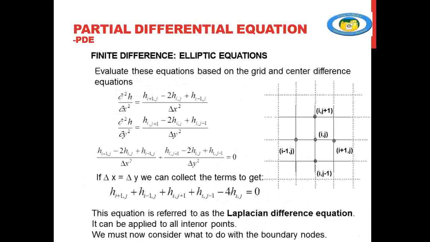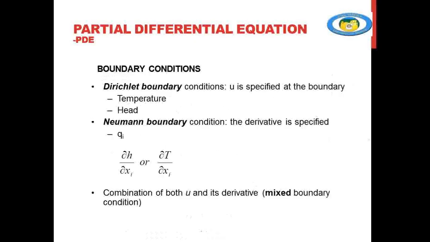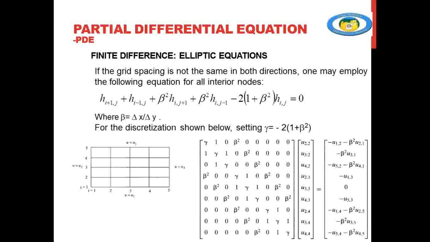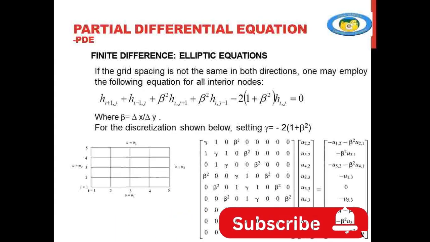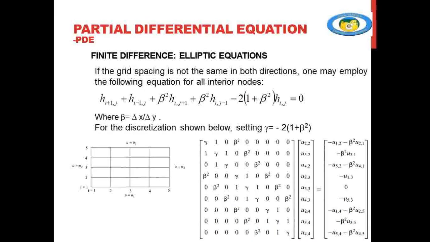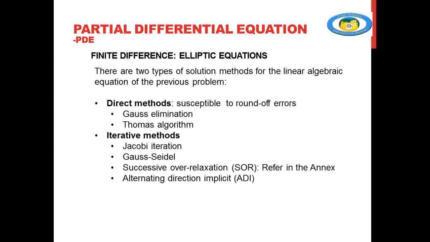So using this equation, you can easily solve for each of the interior nodes and using the specified boundary conditions. Then you can find the values at each of the interior nodes, the values of the variable actually. Now, next class, we'll talk about how to solve. There are different types of solution methods for solving these linear algebraic equations.